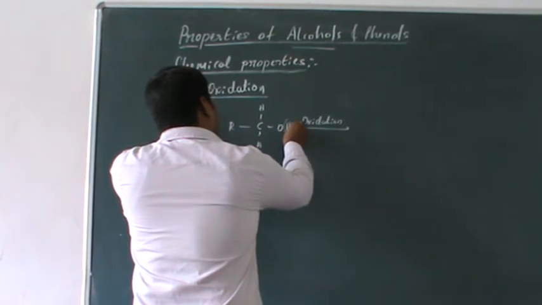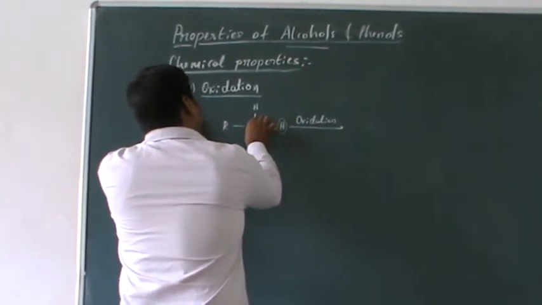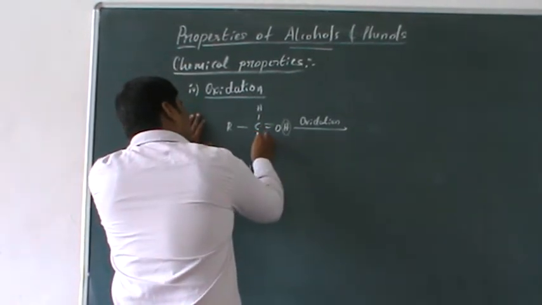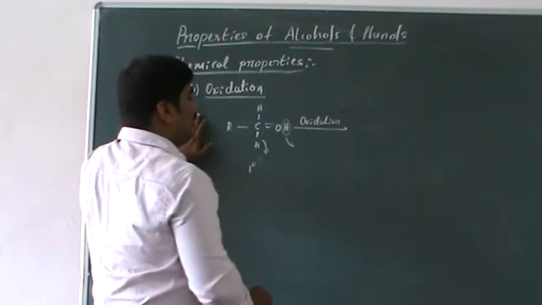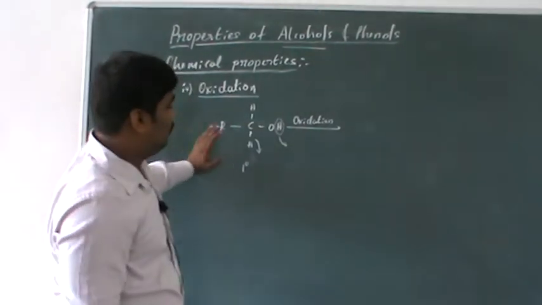It loses its hydrogen. When it loses hydrogen, a new bond is generated between the oxygen and carbon. Because of that, another hydrogen is also eliminated. How many hydrogens are eliminated? What is the reaction?